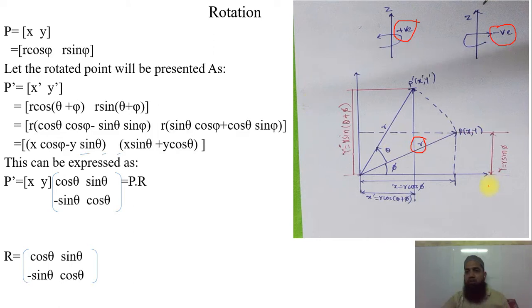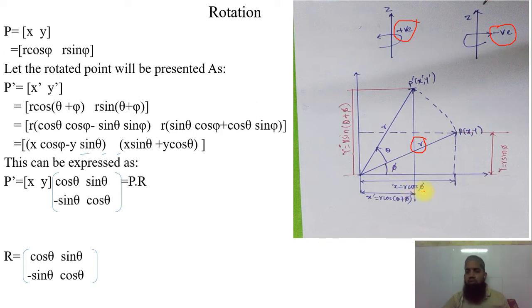First of all, we have to find the x coordinate of this point P and the y coordinate of this point P. If I form a triangle, you can see over here, this is a triangle, and here we need to find the value of x, meaning I have to find this distance. So this will be r cos phi.